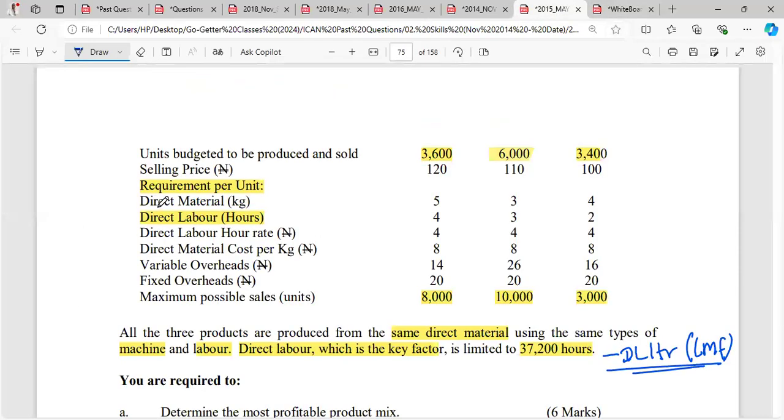The next one now, we've done with this. Now let's go to direct labor.